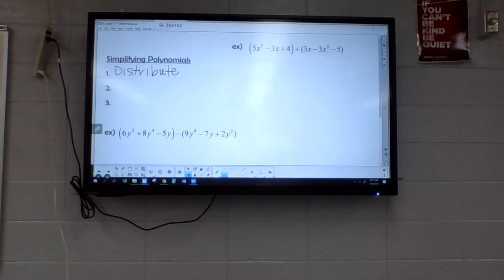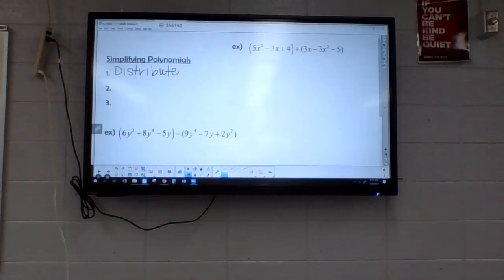So in this case, we're combining our like terms. Which one do you want to start with? There's one that's easier to start with. Think about that standard form. Okay, so 8y to the fourth and negative 9y to the fourth.